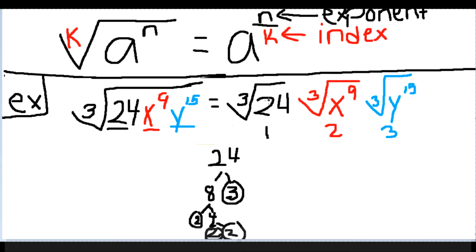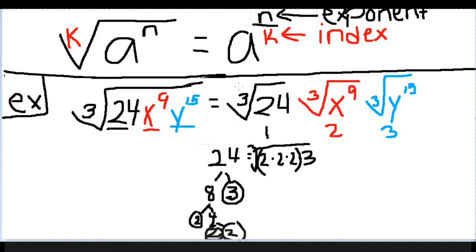So now I have my prime factorization, right? I know that the cube root of 24 is equivalent to the cube root of 2 times 2 times 2 times 3. So let me write that. 2 times 2 times 2 times 3. Okay. And do I have a group of 3 there, you guys? Spin in my little index right there. I do. I have a group of 3 2s, as a matter of fact.